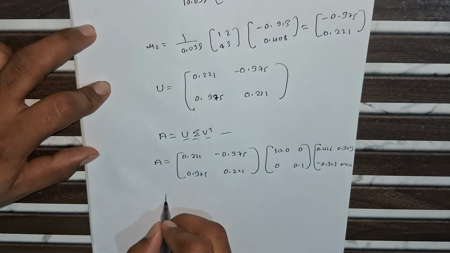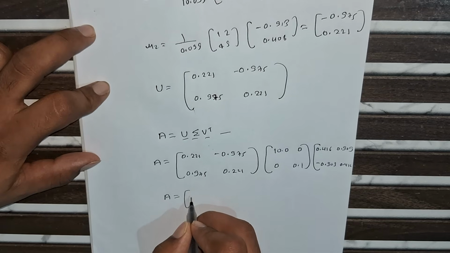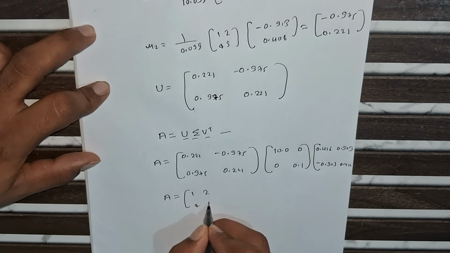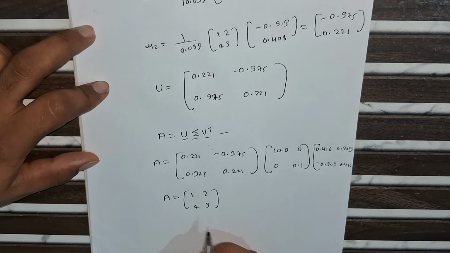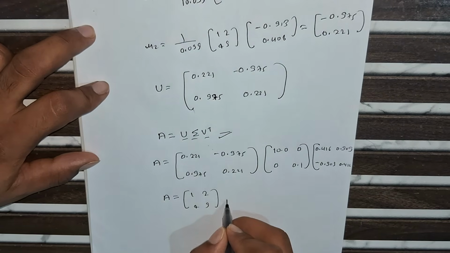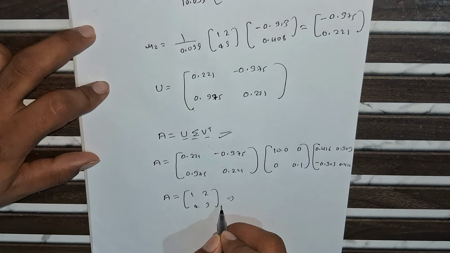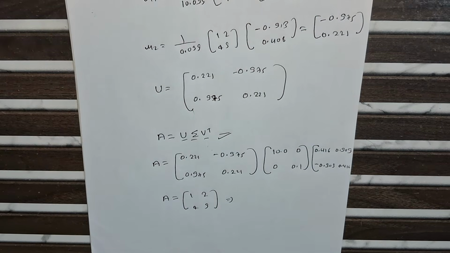So when you multiply it, it becomes A equals to 1249. So this is how we need to check, applying all the values in this formula. This is our initial matrix which is given in the question. So like that you have to solve in the examination step by step to get the full marks.